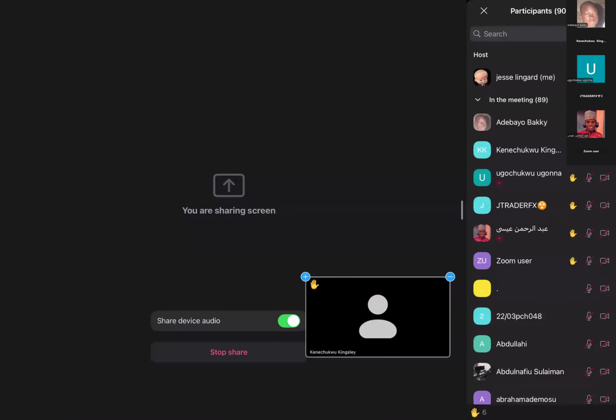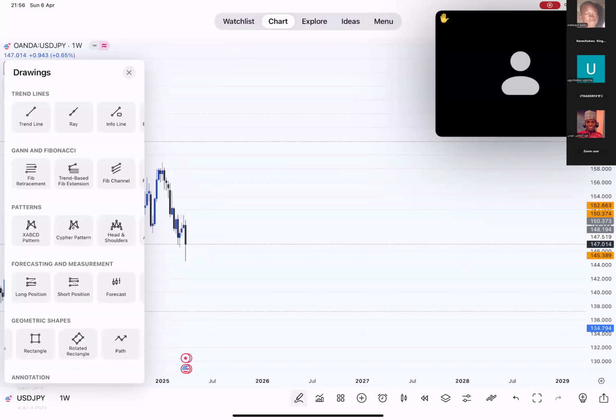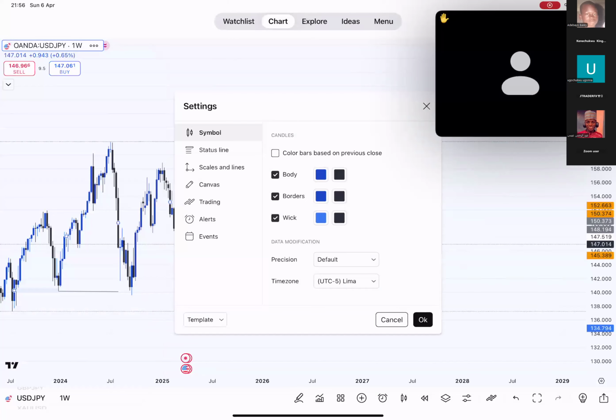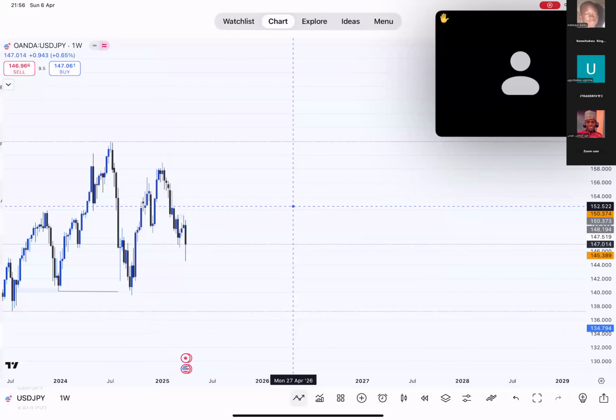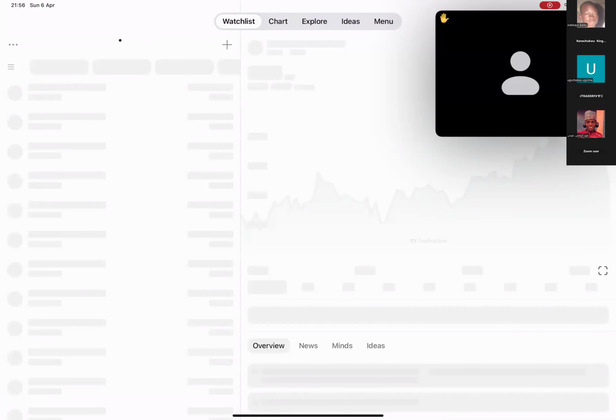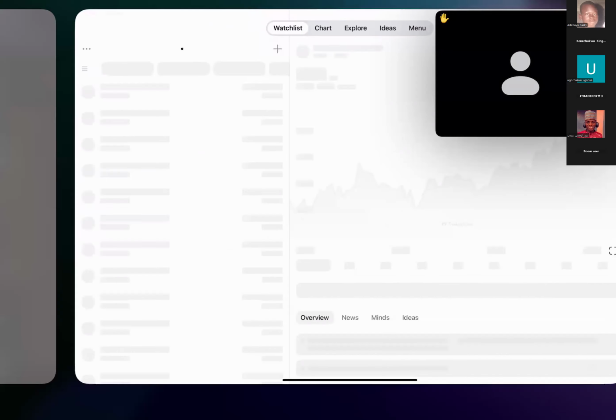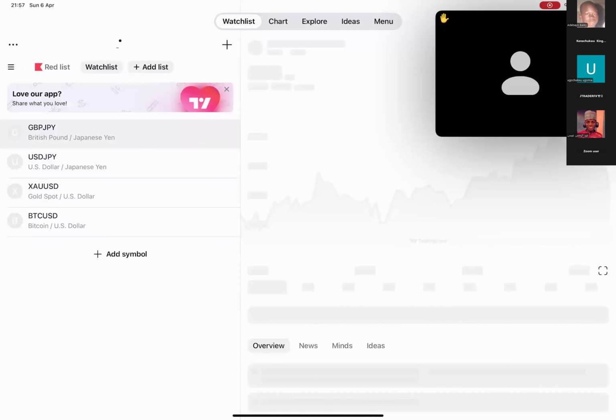Let me give you an example. Market is bullish. For example, something like this, you got a setup.